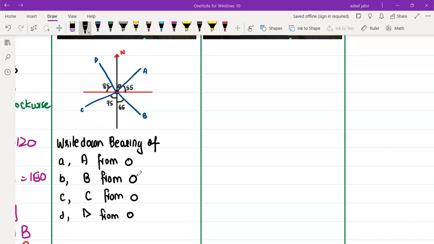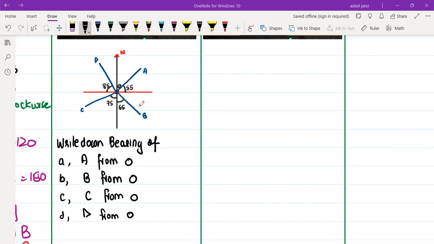B from O means from the north of O, that means this line, to the line of B, I need this particular angle. Now we already know this is 66. So when we know this is 66, this particular angle will be 24. 90 minus 66 will be 24.